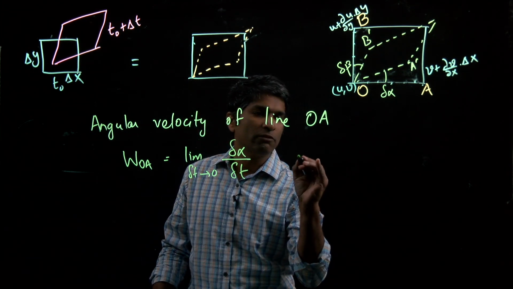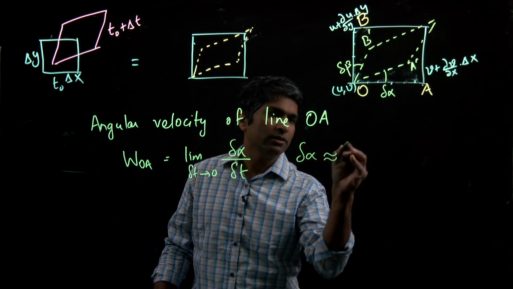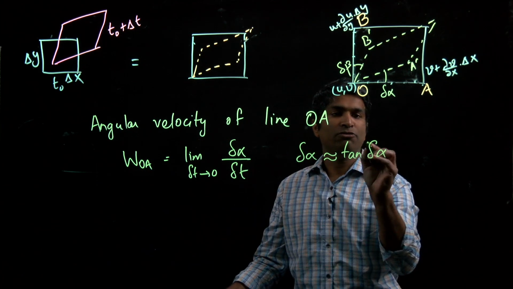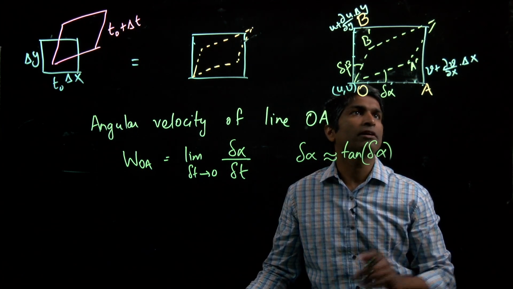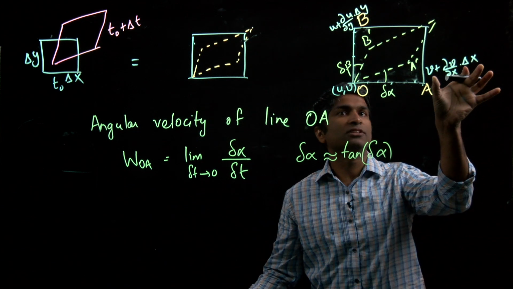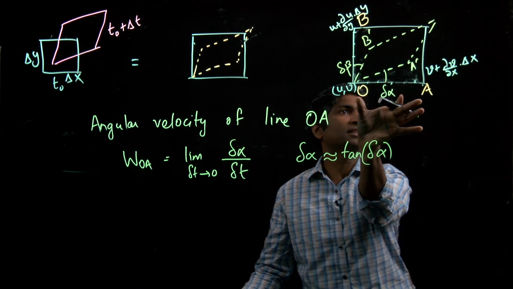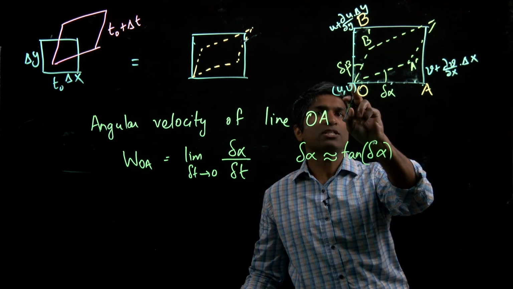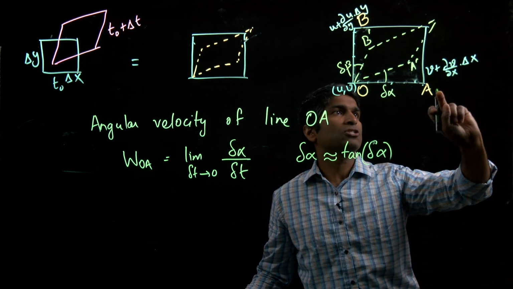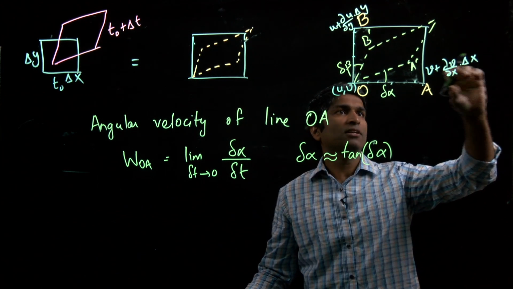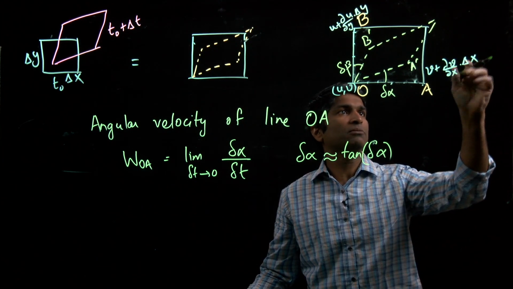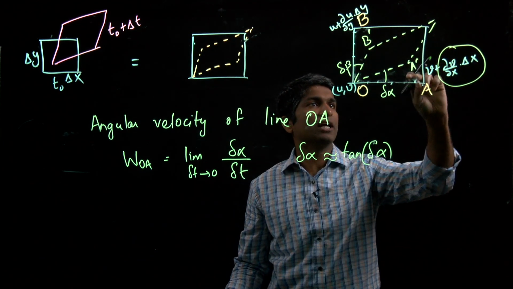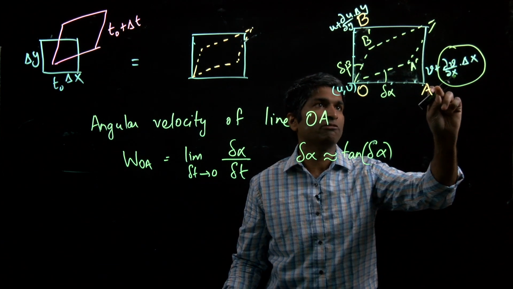Because I'm looking at small intervals in time, delta alpha is approximately equal to tan delta alpha, and the tangent of delta alpha is nothing but this distance over that distance. So if point O has a velocity v, and A has a velocity v plus del v del x delta x, the relative velocity is just this term here, and that times delta t will be the vertical distance that A prime occupies relative to A.